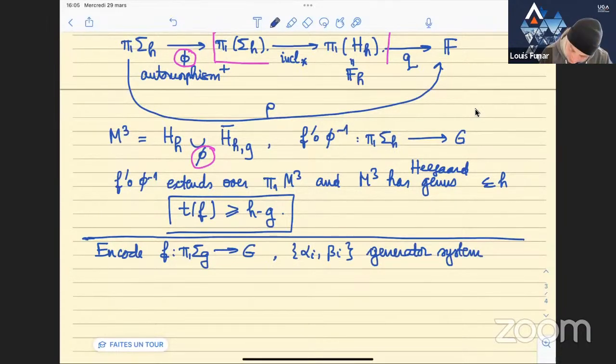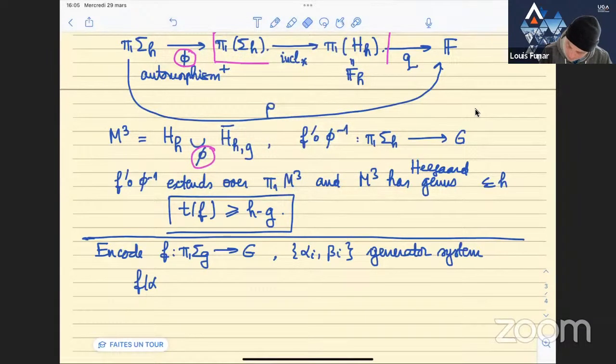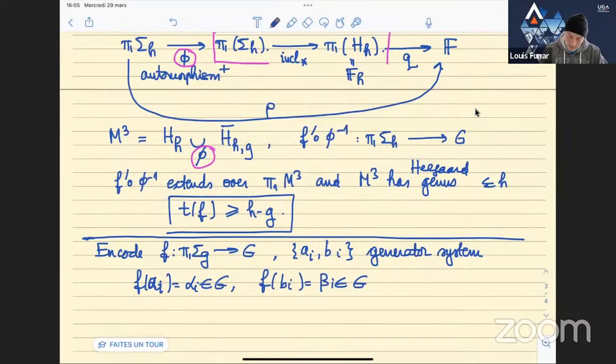And I'm taking the image F of alpha. Well, let me change the notation, sorry. Let me take a i and b i, such that F of a i is some alpha i, an element of G, and F of b i is beta i, still in G.